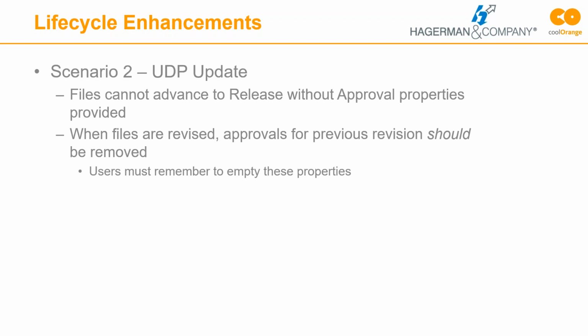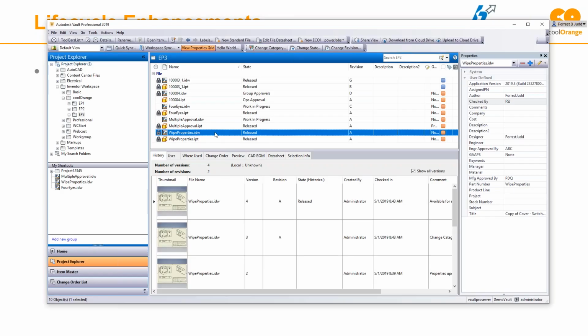And they're likely to forget, especially the larger group you get, people have different aptitudes, and so somebody is eventually going to forget. Well, powerEvents, rather than just restricting a transition, can actually automatically remove those properties for us when we make the transition, right?